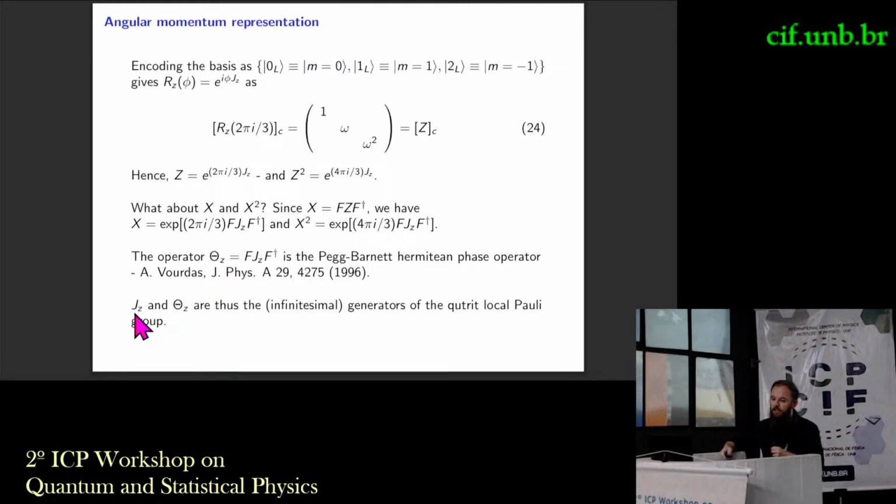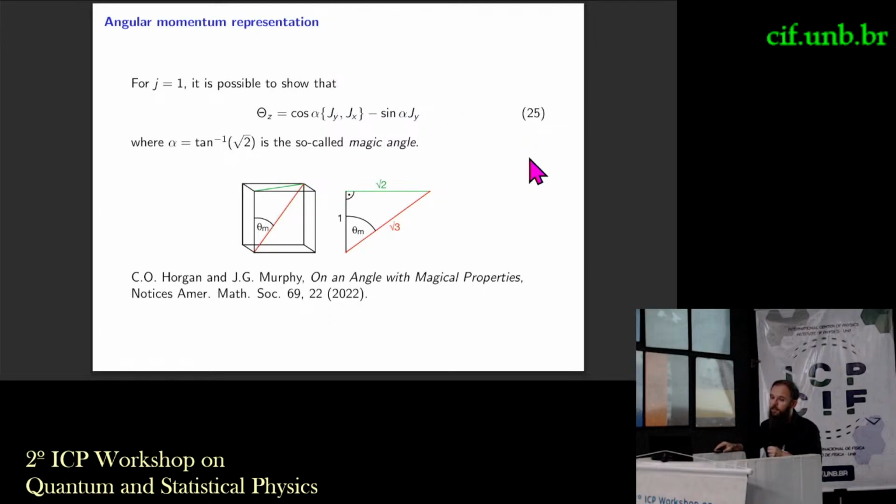So we can see that Jz and theta z are the infinitesimal generators of the qutrit local Pauli group, okay? So very important stuff here in quantum optics and stuff like that. And another kind of magic stuff, the magic angle appearing in other contexts, is that for qutrits you can see this Pegg-Barnett phase operator as this combination of quadrupole stuff and dipole stuff with this special magic angle, yes?